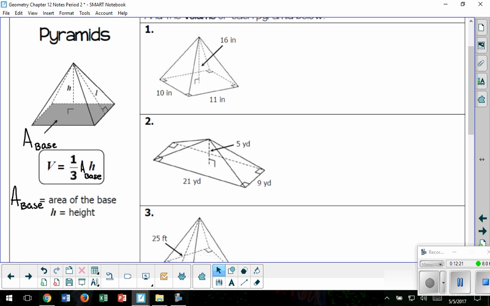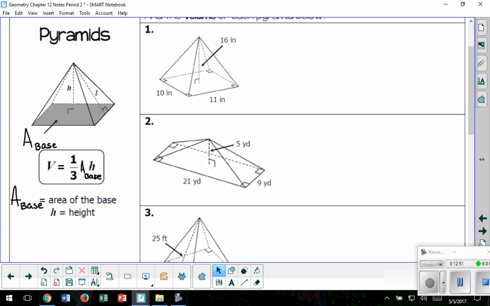So, what was the formula for area of a rectangle or the area of a cube? Side squared for cube. For volume, sorry. Length times width times height. So length times width times height. Okay? The base of this is what?